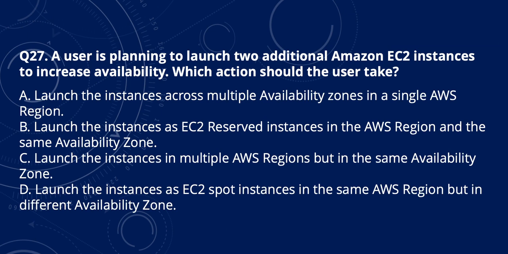Option B, launch the instances as EC2 reserved instances in an AWS region and the same availability zone. Option C, launch the instances in multiple AWS regions but in the same availability zone. And option D, launch the instances as EC2 spot instances in the same AWS region but in different availability zones.